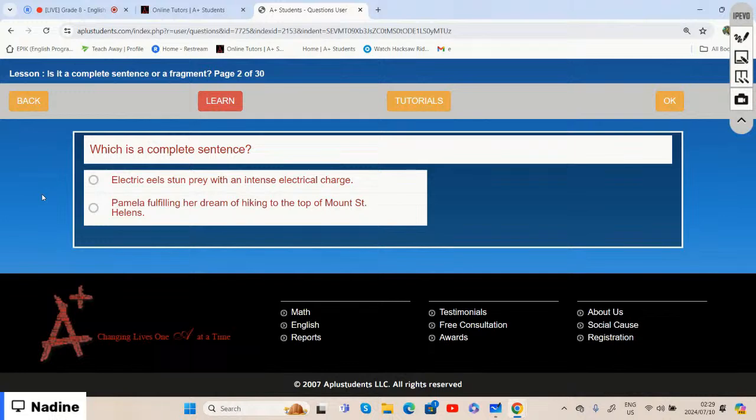All right, and if we were to identify our complete sentence, and remember we said that a sentence has both a subject as well as a verb, and it expresses a complete thought, then we would go with option two, which is Pamela fulfilling her dream of hiking to the top of Mount St. Helens.